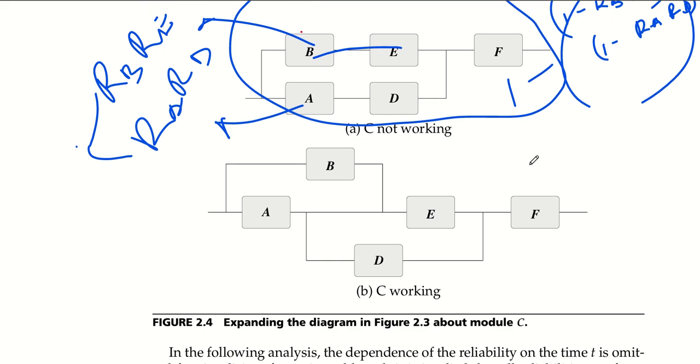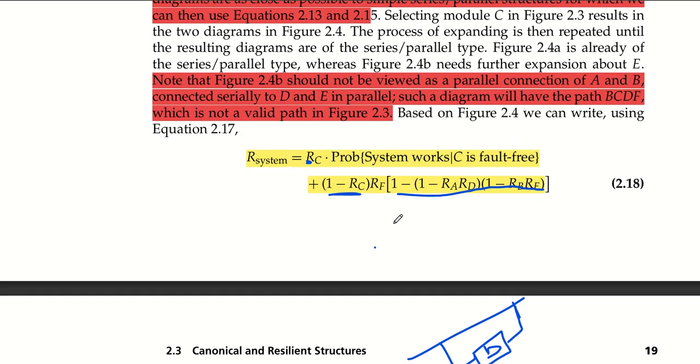But remember, those two are in parallel and in series with F. So we have to multiply by F, and F is here, right?